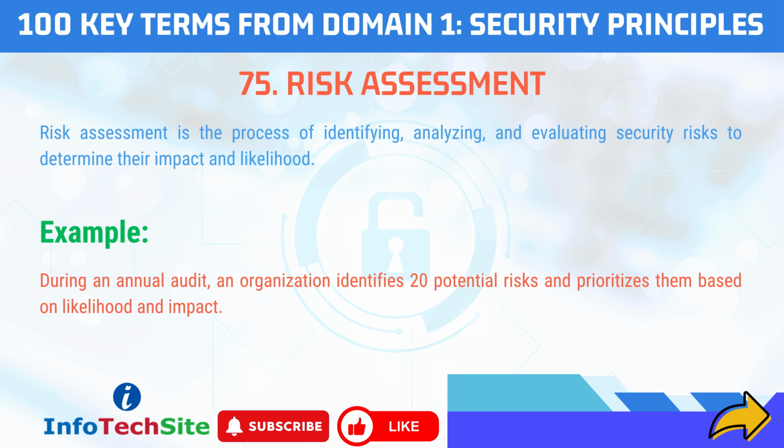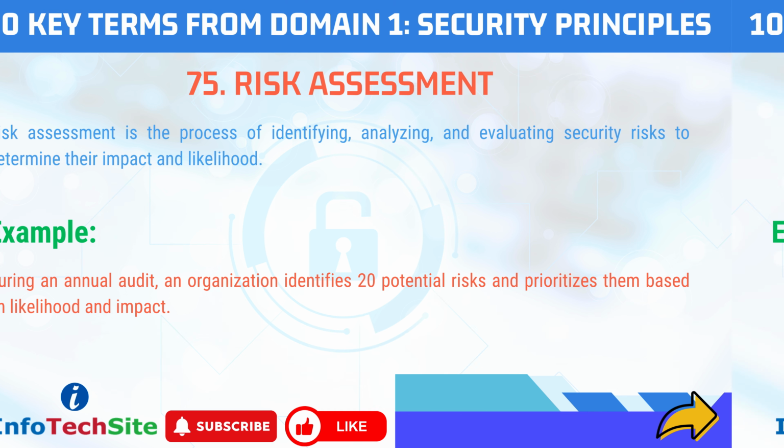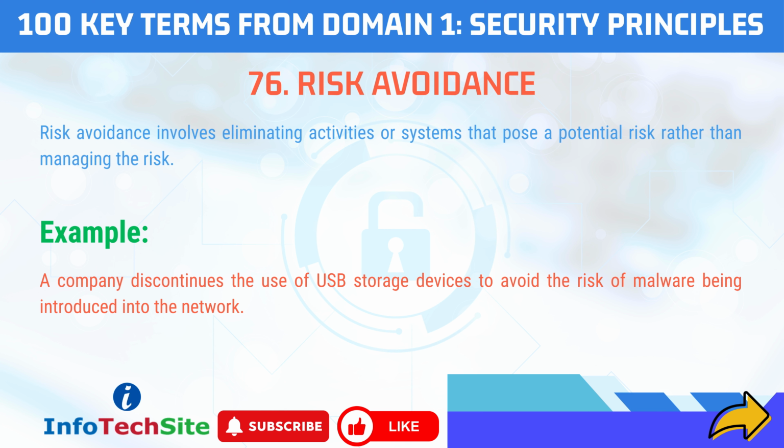Risk assessment is the process of identifying, analyzing, and evaluating security risks to determine their impact and likelihood. For instance, during an annual audit, an organization identifies 20 potential risks and prioritizes them based on likelihood and impact.